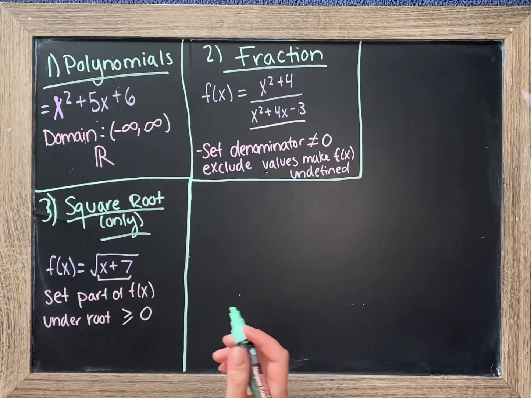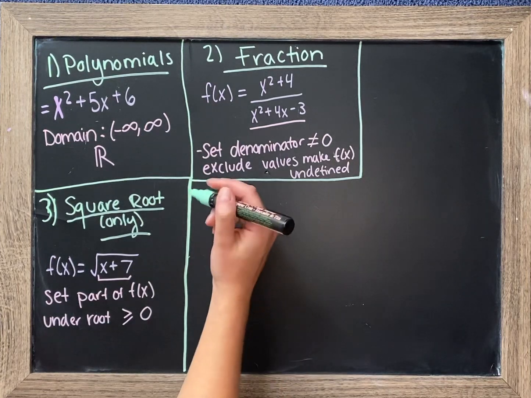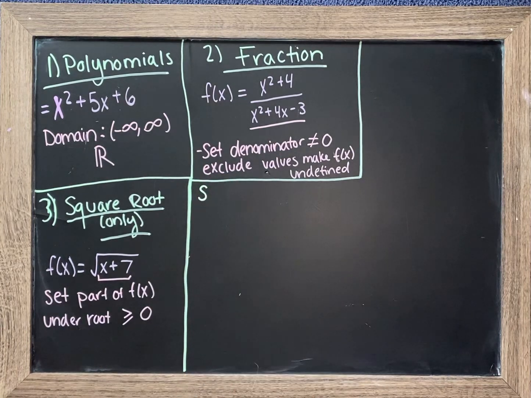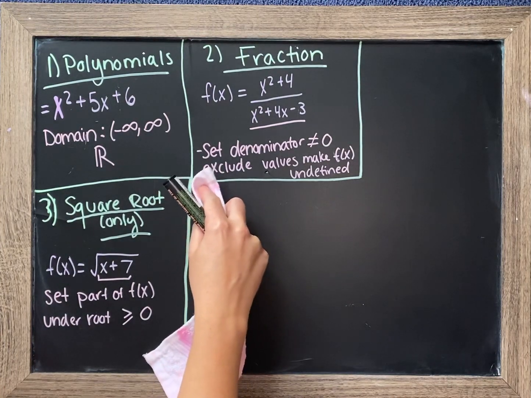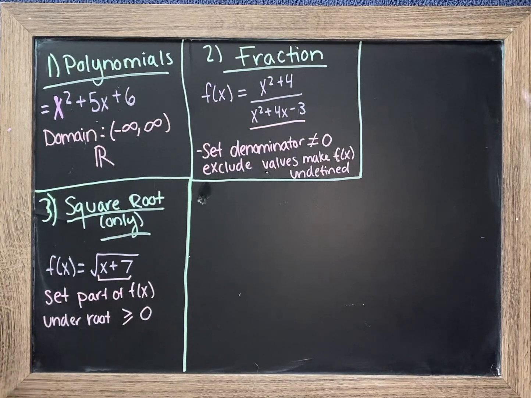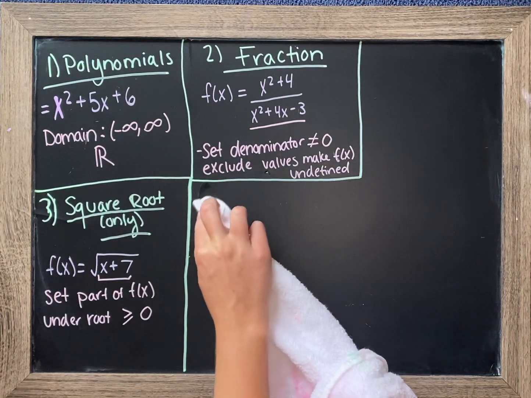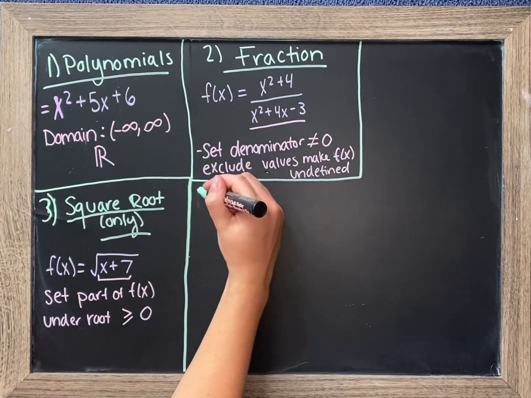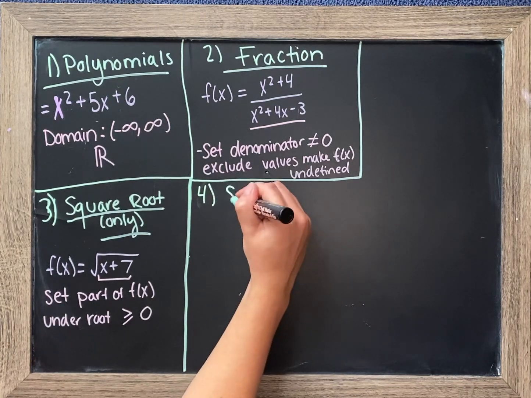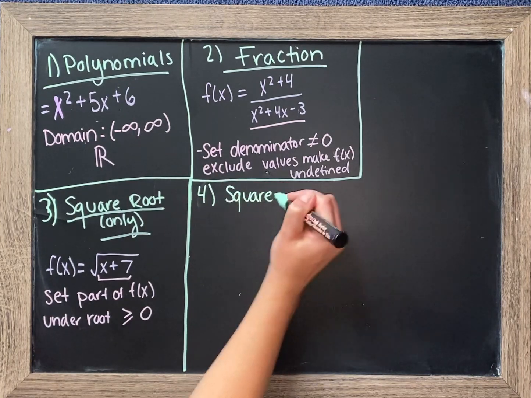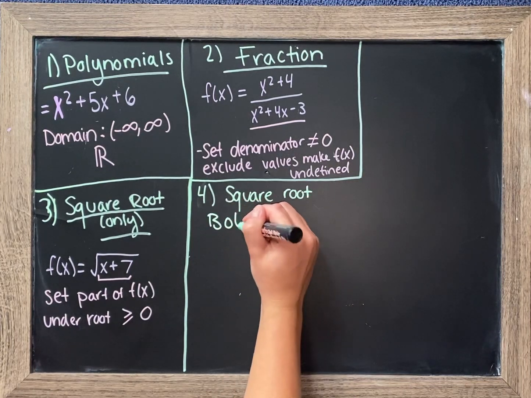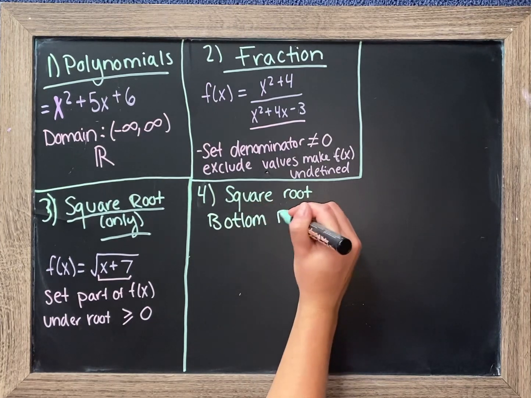All right, so now what we're going to talk about is number 4, if you have a square root on the bottom of a fraction.